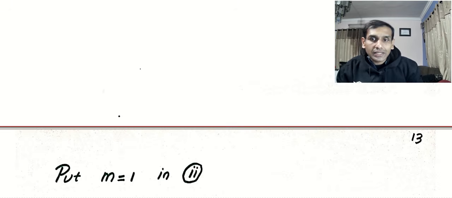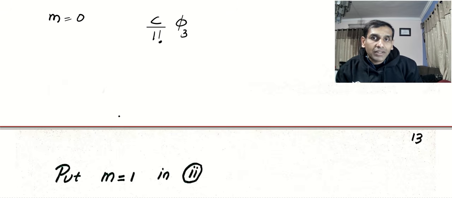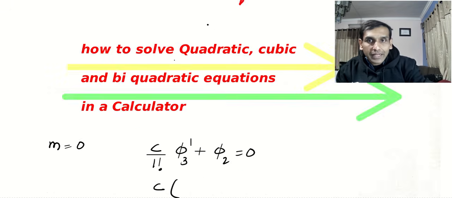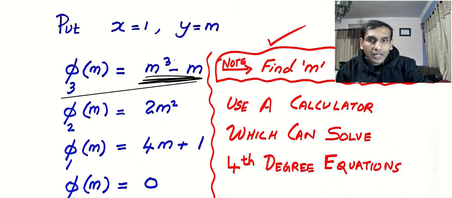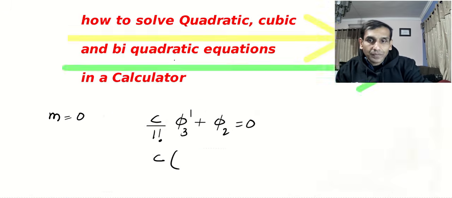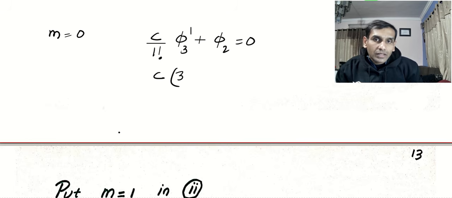So look at this. I'm going to write m equal to 0. So what's the first equation? c by 1 factorial, phi 3 dash plus phi 2 equal to 0. So c by 1 factorial and phi 3 dash will be, I have the value of phi 3 over here, 3m square minus 1, plus phi 2.